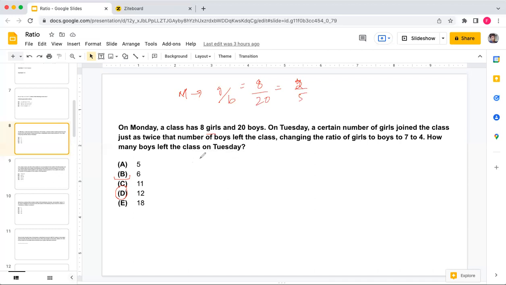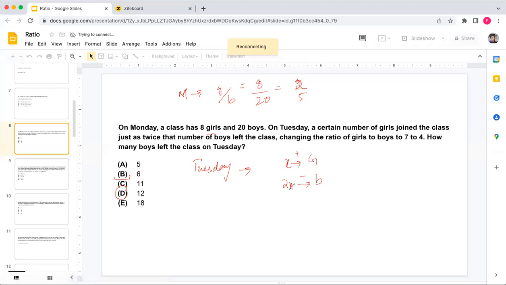Okay, now on Tuesday, what exactly happened? A certain number of girls joined the class, just as twice that number of boys left the class. For example, X number of girls joined the class, and twice such number of boys left the class, right?